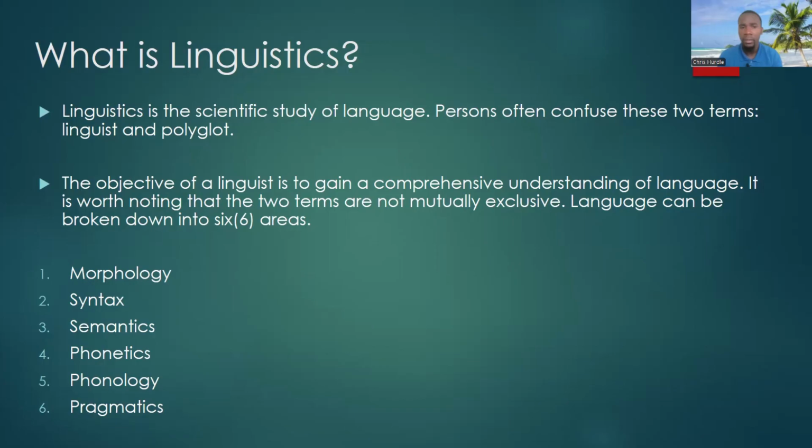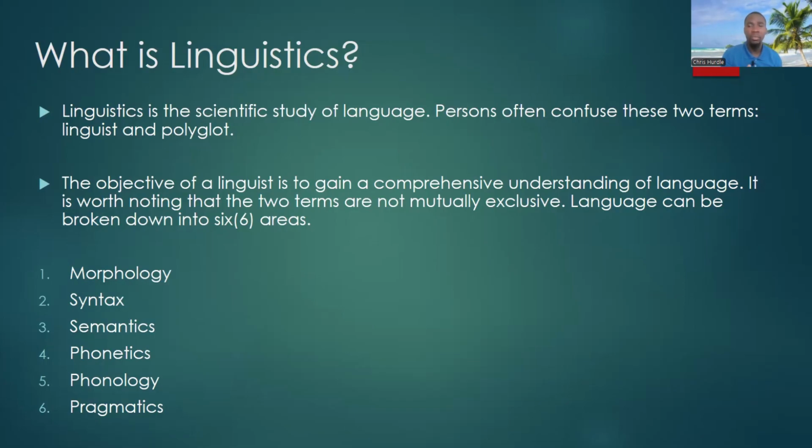right? So the next time someone tells you that they study linguistics, please do not ask them how many languages they speak. I mean, you can ask them that, but I hope that is not coming from a place of confusion, okay? Because a linguist can be a polyglot too, because I can speak multiple languages, or I have knowledge of multiple languages, and I also have a deep understanding of language itself.